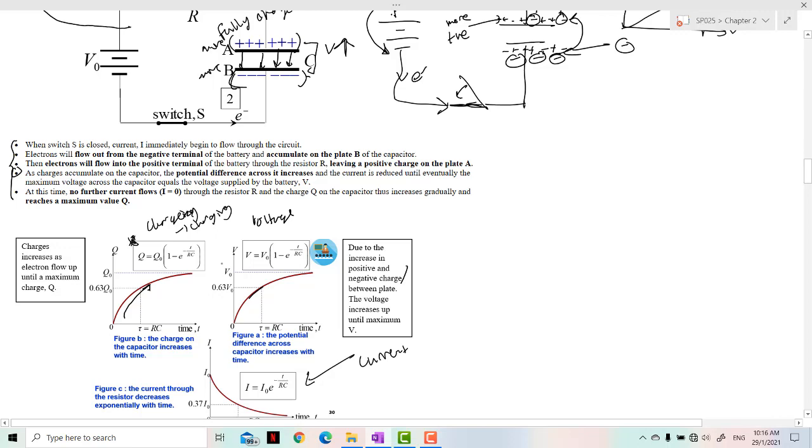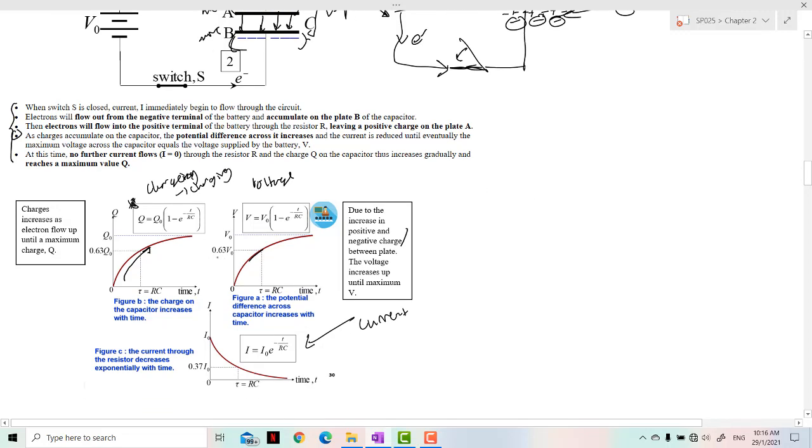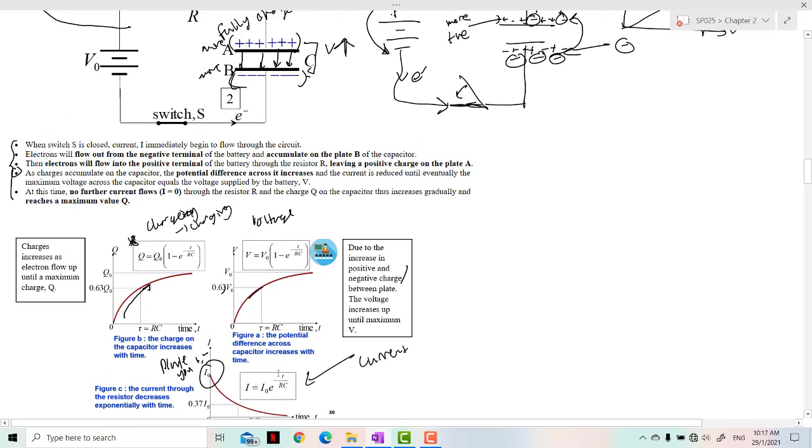Initially the plate has a combination of positive and negative, but as one plate becomes more positive and the other more negative, it continues until a point where the current is no longer needed to move the negative electrons. Because it is full, the potential V here will be equal to V naught.